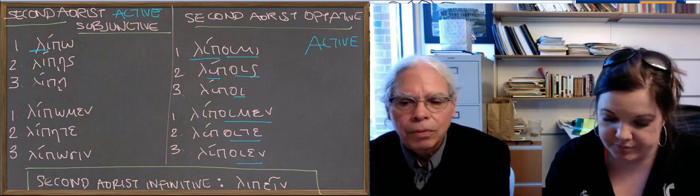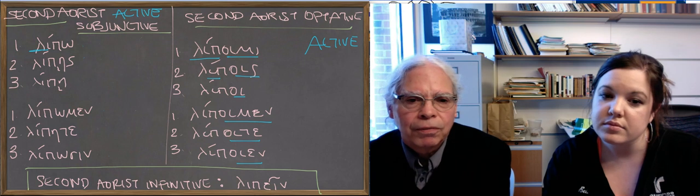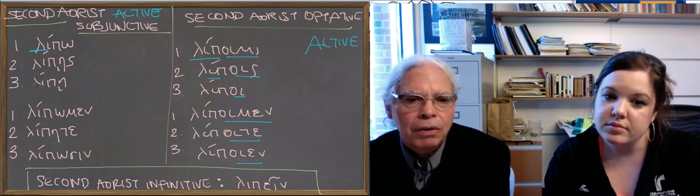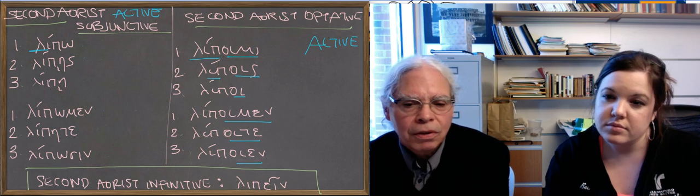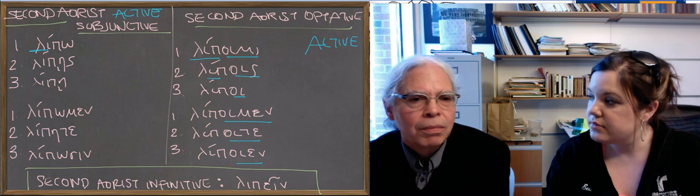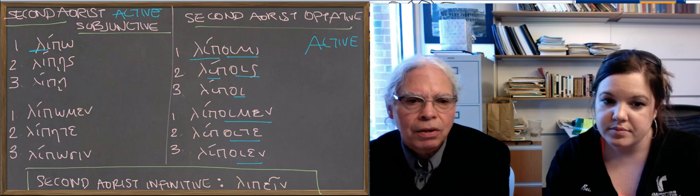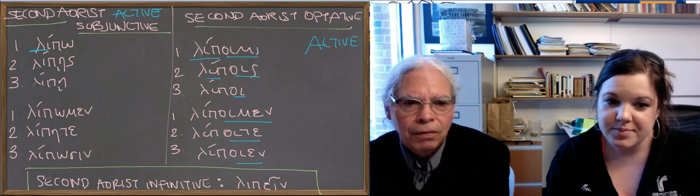So there are various kinds of second aorists. We'll learn more examples of it, but for the moment we've only got one, and they all obey this pattern. That is, in the aorist indicative, they look like they have the endings of the imperfect, but a change in the stem. In the subjunctive and the optative, you have that same stem, lip in this case, and you add the endings of the subjunctive and the optative as usual.